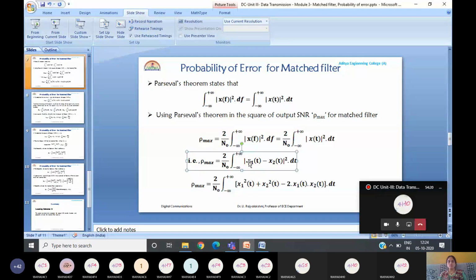Like that we will substitute all the corresponding values. In FSK we will substitute root 2PS cos 2 pi fh t and root 2PS cos 2 pi fl t. Okay, like that we will solve. Anyhow, we can discuss the probability of error calculation for ASK in the next class.